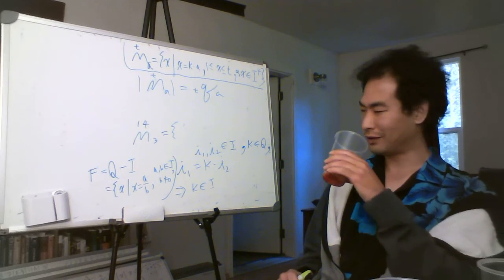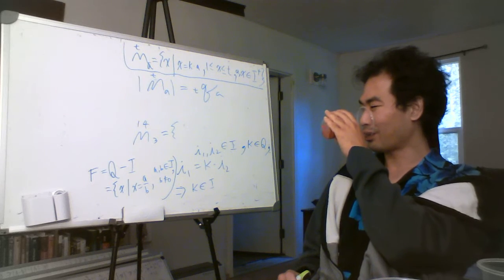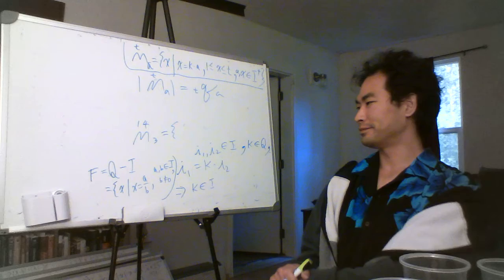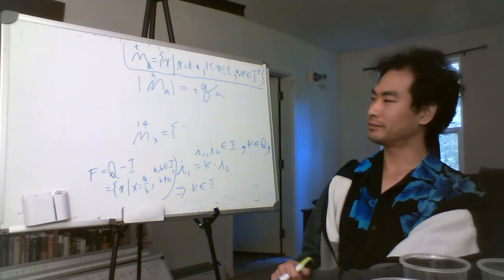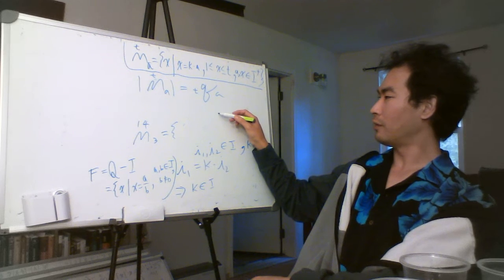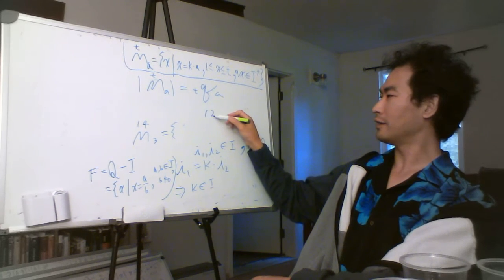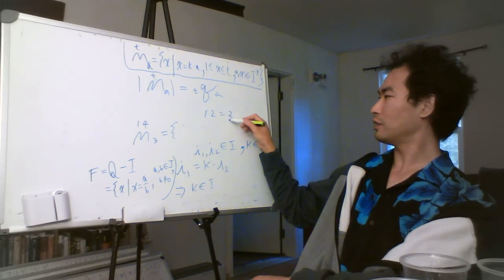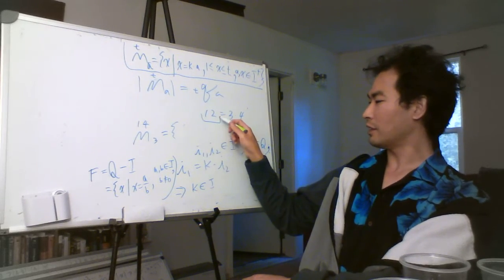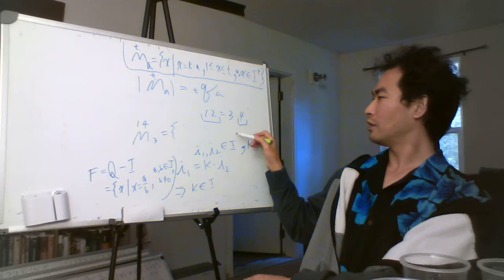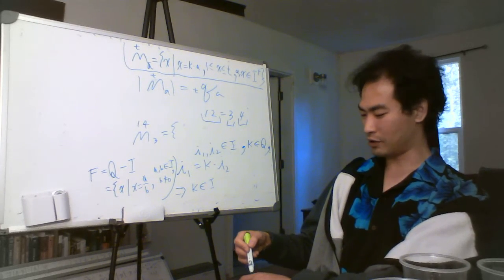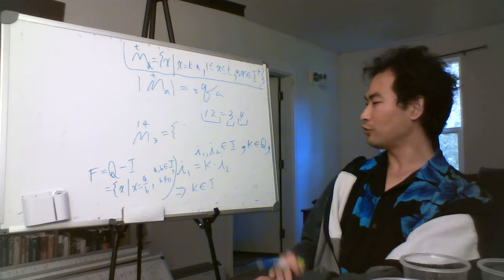I don't know. Let's make some concrete example. Your number, 12, is 3 times 4. So 12 is an integer, 4 is an integer, but can this be a non-integer? That's the question. How do we prove that?